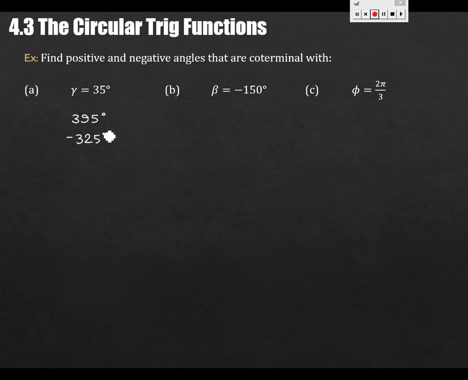Deeksha should help us out with B here. What's going on with beta? Sorry, say it one more time. 210. Okay, and what else? Go ahead, Deeksha. What else would that be?